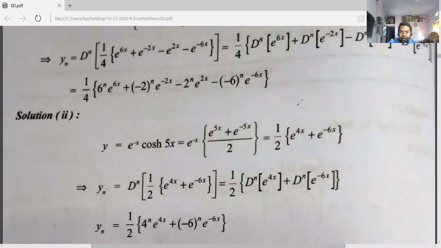Okay, now here you are getting another format.